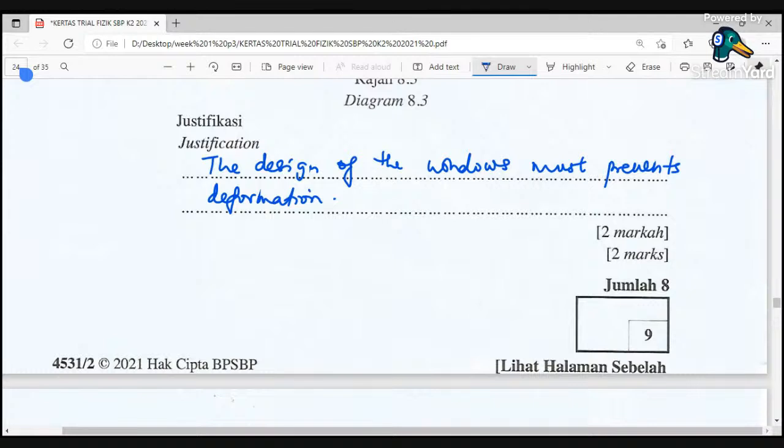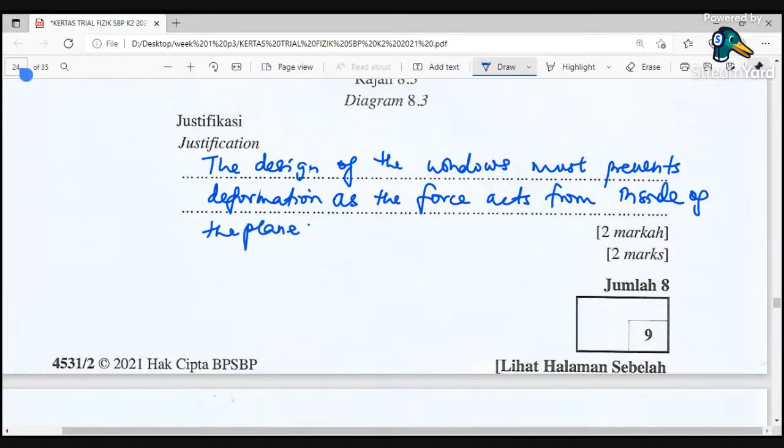Okay. Okay, why not easily deformed? As the force acts from inside, okay, not outside.